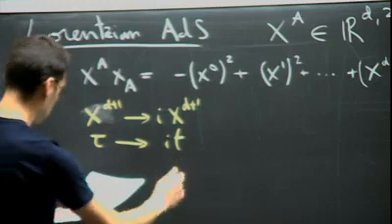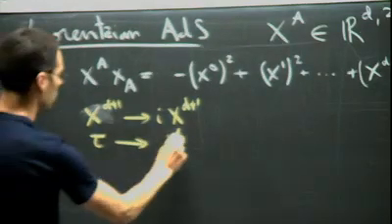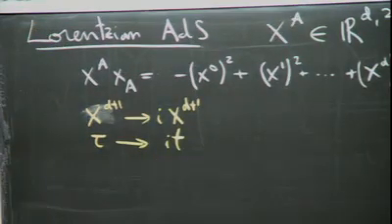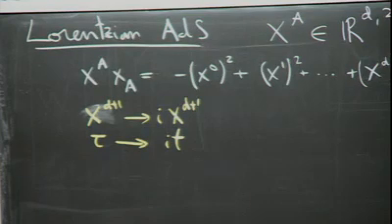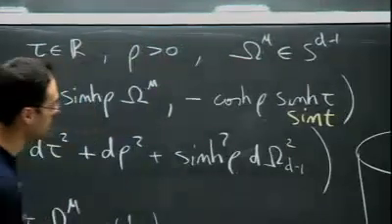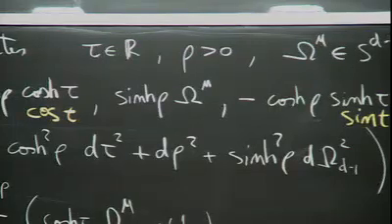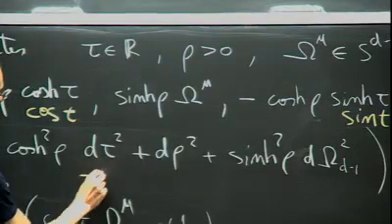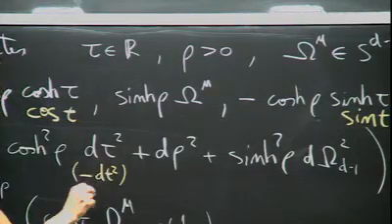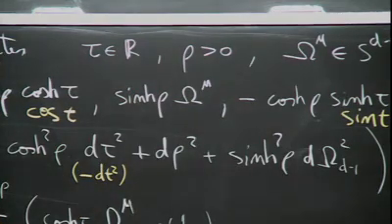Okay, so you just introduce a time t, and so this becomes cosine t, and this becomes sine t. So that's your parameterization, and of course this becomes minus dt squared instead of d tau squared. So that's your Lorentzian metric in global coordinates.